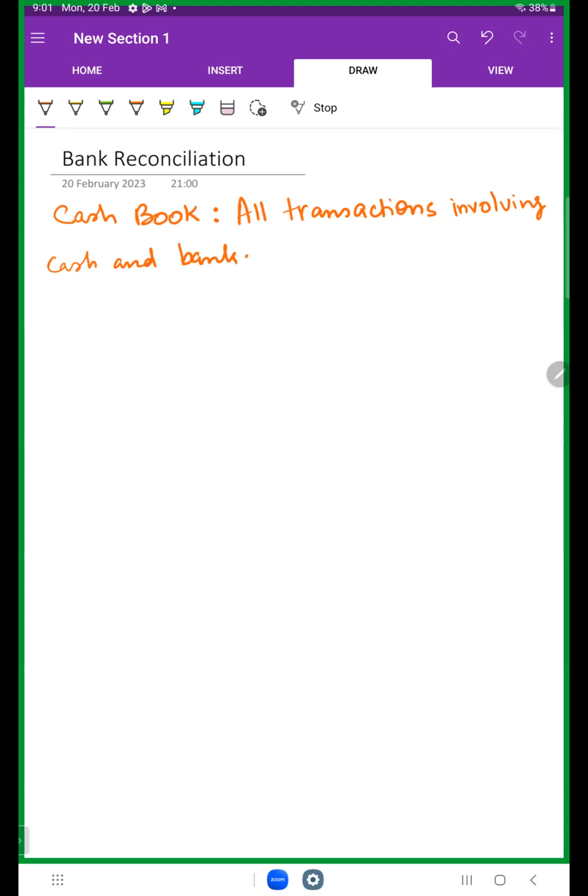And cash book is the only book of original entry that's not only the book but also a ledger, right? Yes.